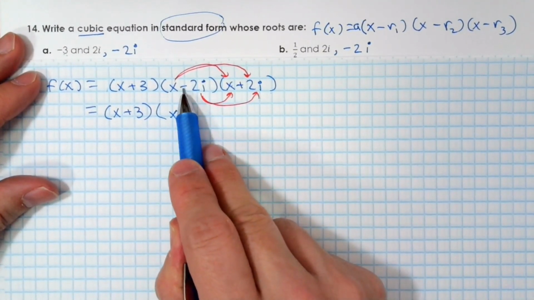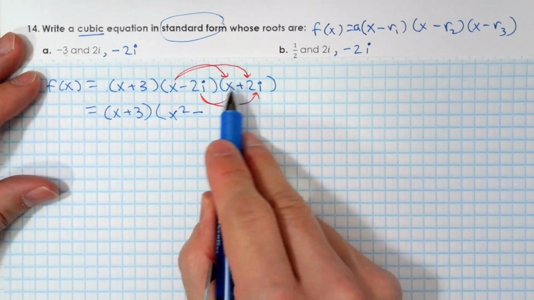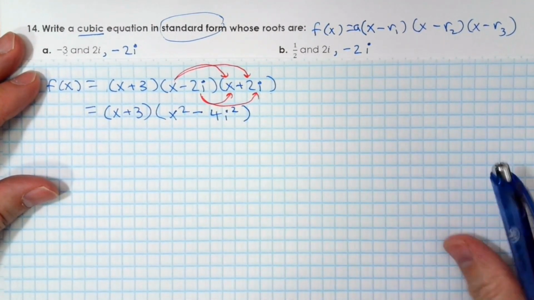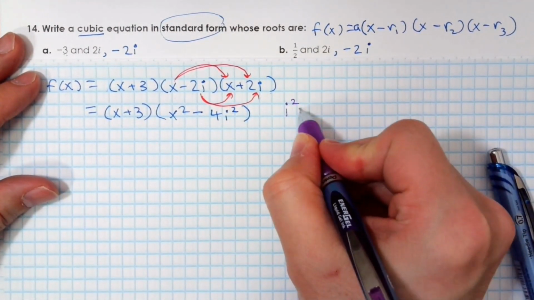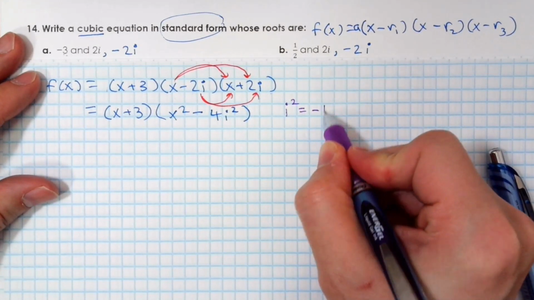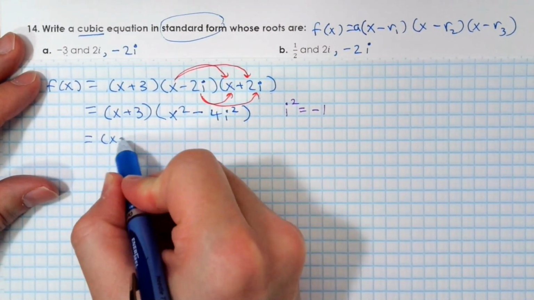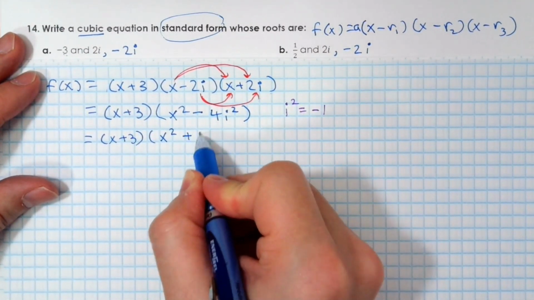And then finally, negative times positive is negative. 2 times i is 4i squared. And you can skip this step because you're supposed to know, oh yeah, i squared, that's always just negative 1. So this is really x plus 3 times x squared plus 4.